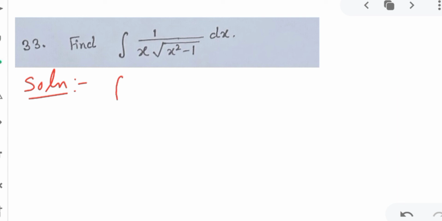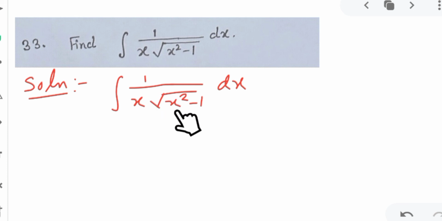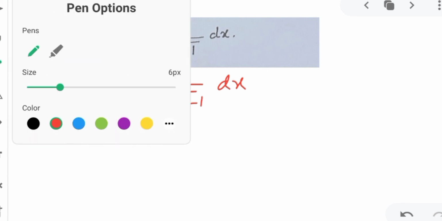Okay, so we have to find the integration of 1 upon x root over x square minus 1 dx. This is an integration question, but you don't know a direct formula. So we'll use the substitution method. In the substitution method you have studied that we substitute some trigonometric functions.